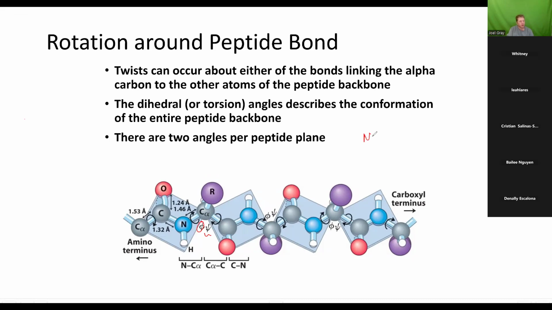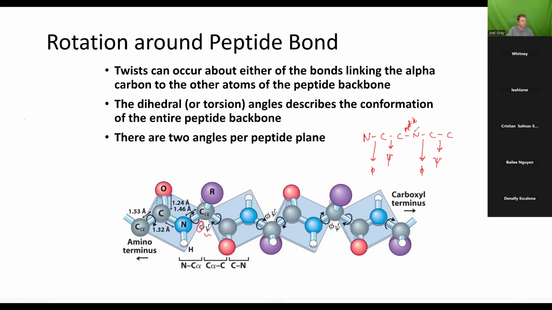So whenever I write out a polypeptide, N, C, C, N, C, C, this will be my phi. I don't know anyone who says phi, well, I think maybe in Greek life or something. So that's a phi, and this is my psi. The bond that doesn't have a label is my peptide bond.